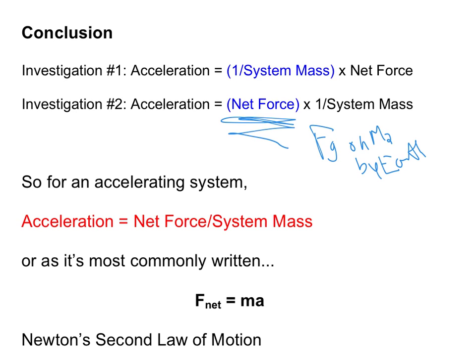And we learned that for an accelerating system, acceleration equals the net force divided by the system mass. And it's most commonly written as this. Net force is equal to the system's mass times the system's acceleration, otherwise known as Newton's second law of motion.